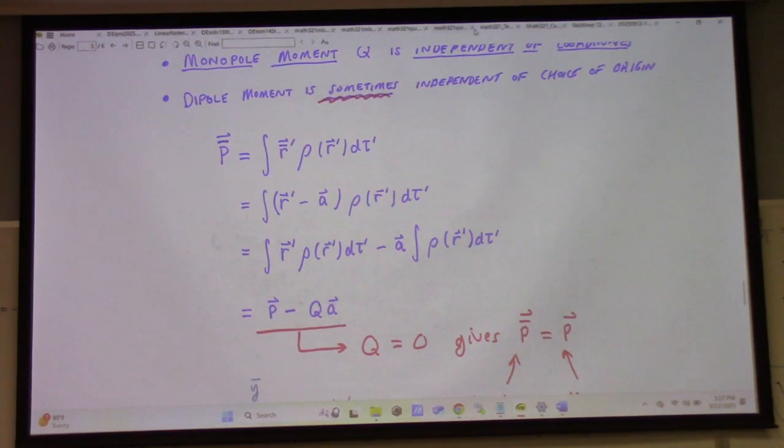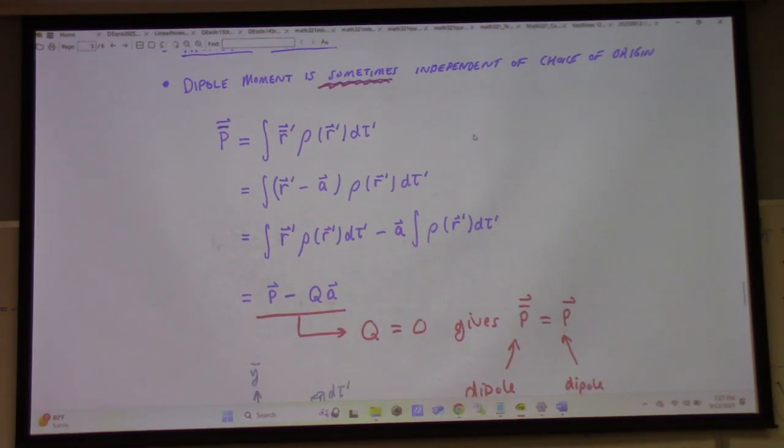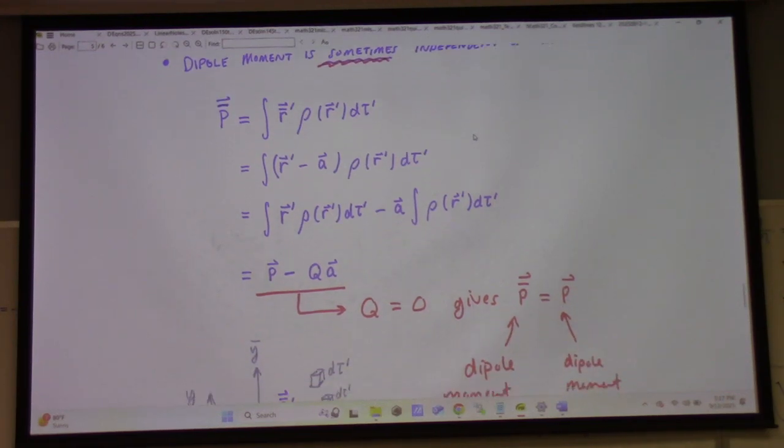Q being 0, for instance, if you had a positive and a minus charge of the same value. For example, if our distribution is just the physical dipole, the dipole is independent of your choice of origin. But if the net charge was not 0, that's not the case. Moving your origin will change the dipole.